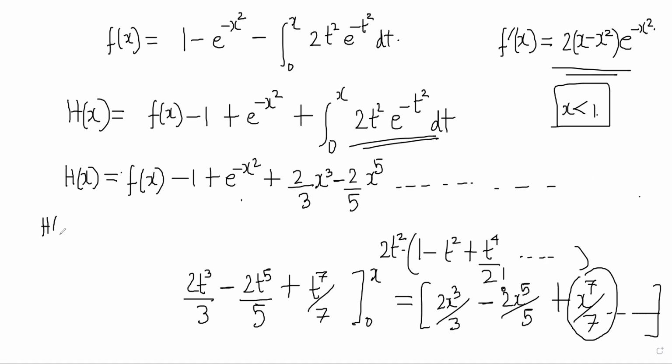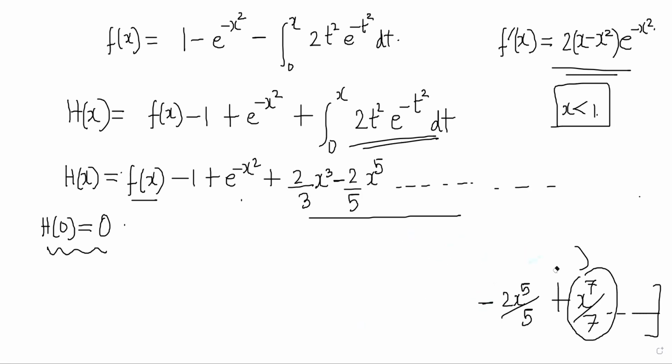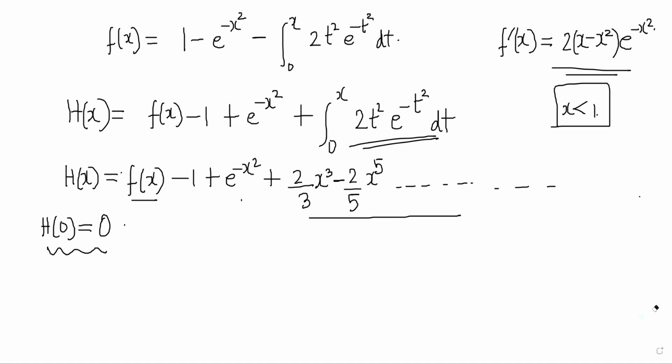Now if you do h of 0 here, h of 0 is f of 0 minus 1 plus 1, and all of these terms will become 0. So f of 0 was what? F of 0 was 0, right? So h of 0 is also 0, because you're getting 0 minus 1 plus 1 and other terms are vanishing. Now what is h dash x?